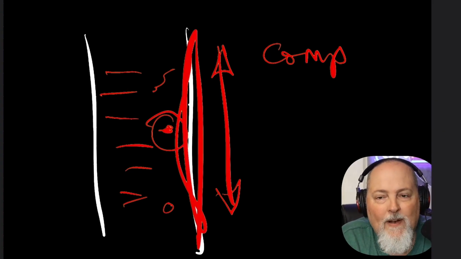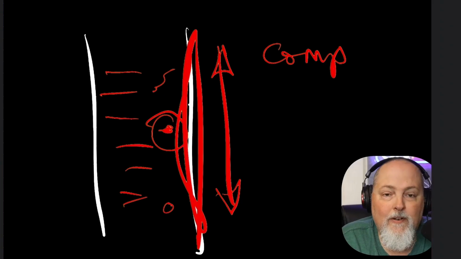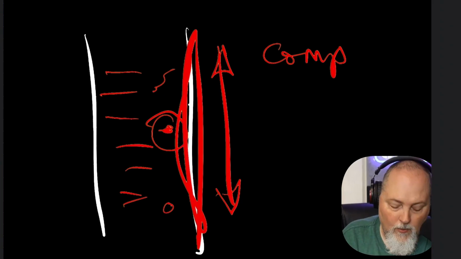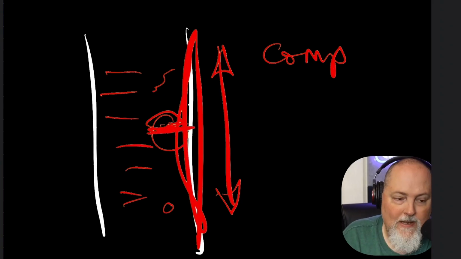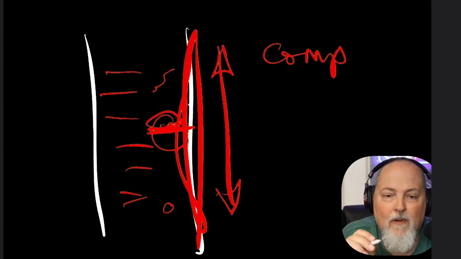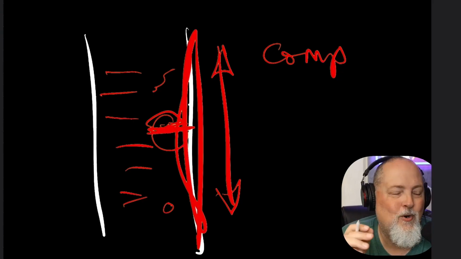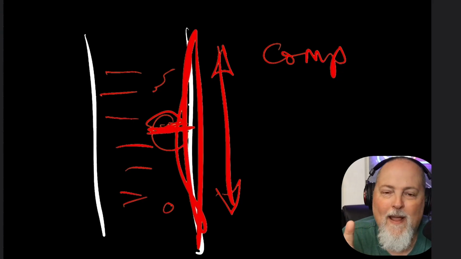So that's why fracture toughness matters. Fracture toughness is a material's ability to resist that crack propagation. If fracture toughness is low, this crack is going to happen pretty easily. If fracture toughness is high, the material just resists that crack growth better.